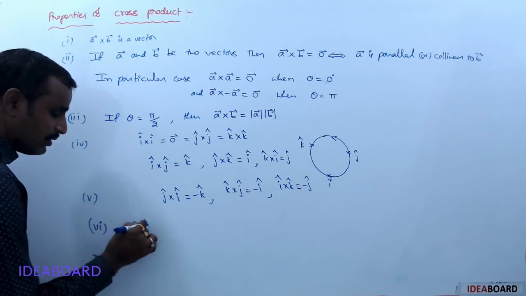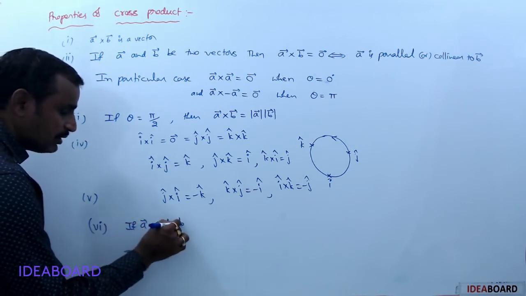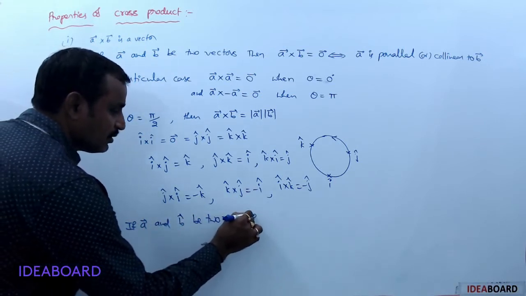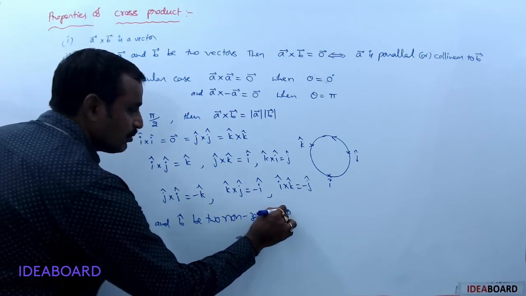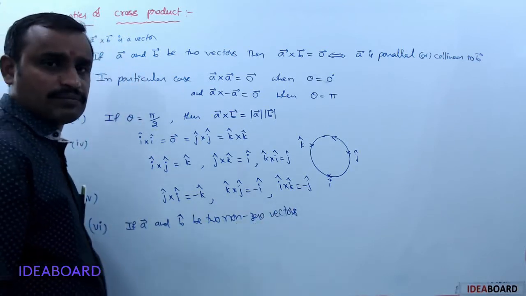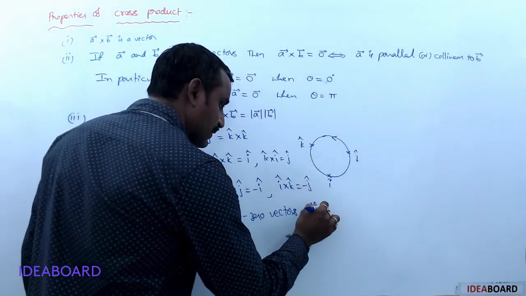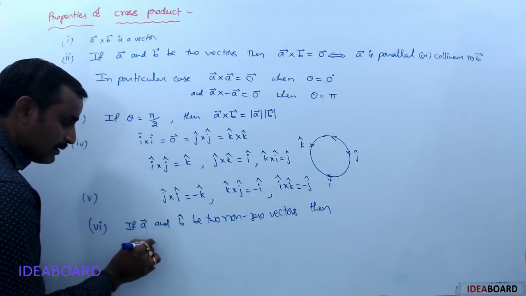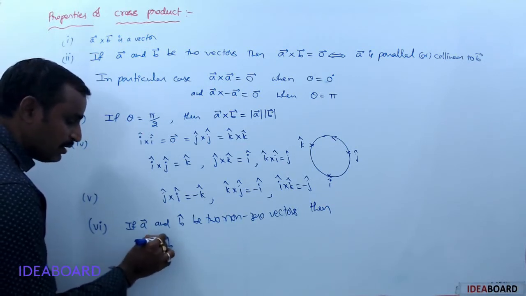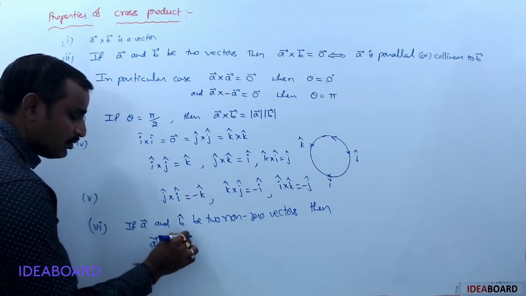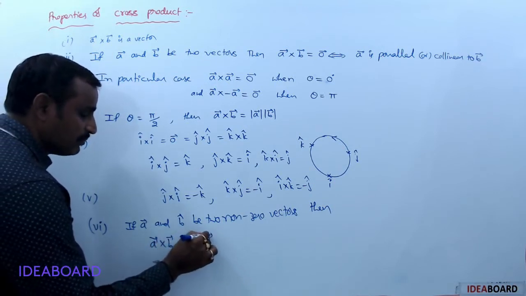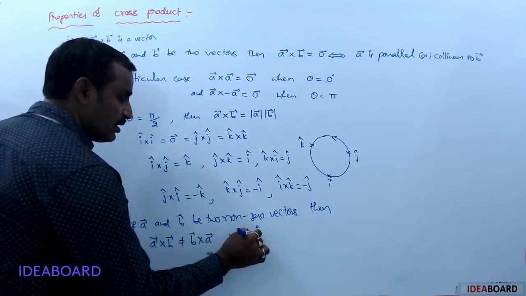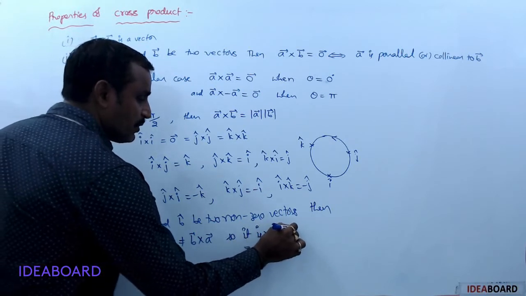If A bar and B bar be two non-zero vectors, then A bar cross B bar is not equal to B bar cross A bar. So it is not commutative.